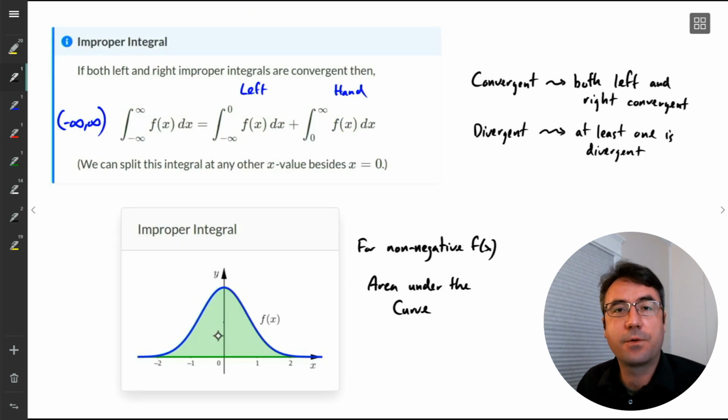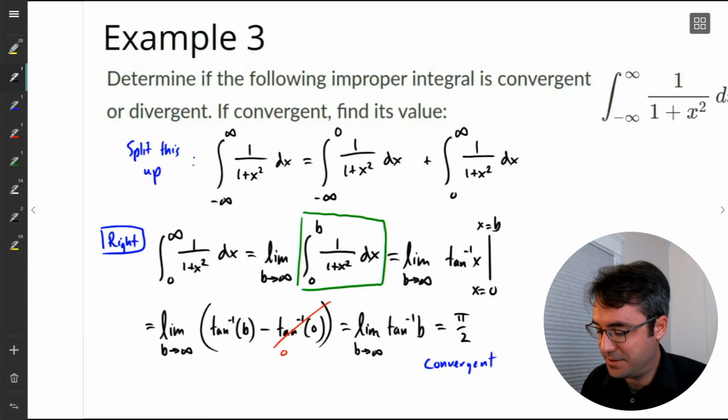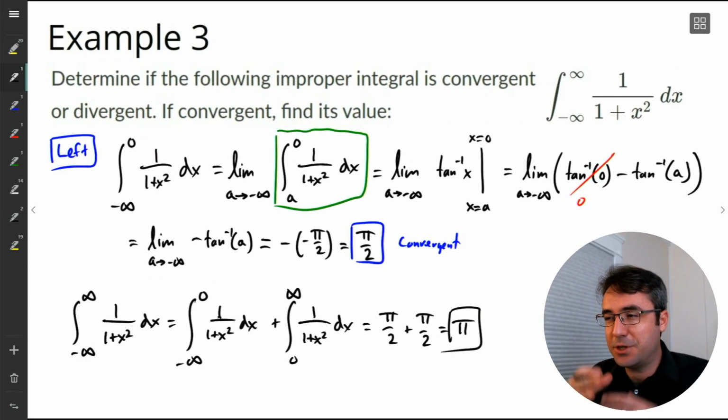The graph of 1 over 1 plus x squared is going to look something like this. So we're finding the area of the region that extends infinitely far to the left, and also infinitely far to the right, between that function and the x-axis. That whole entire region has an area of pi. So it's always surprising when we have these huge unbounded regions that have a finite area.